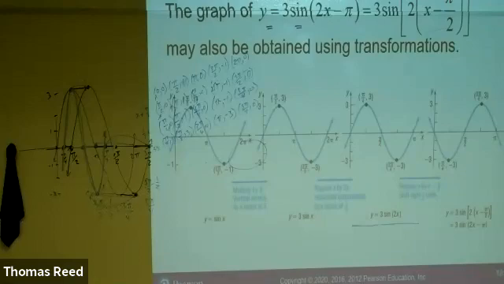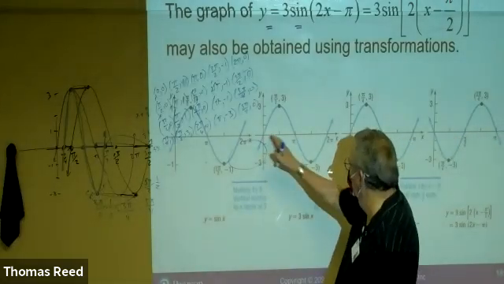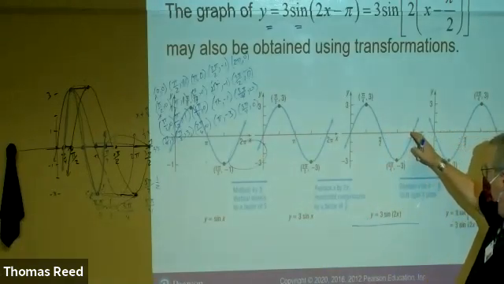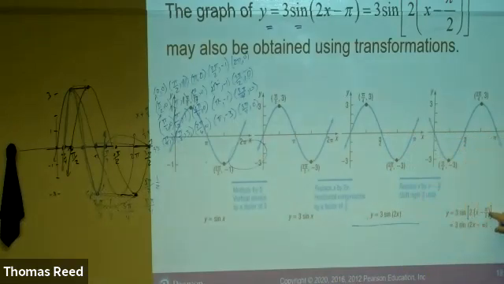Right, this was the compression. So it went from here to here to here to here. There's the compression. And then they shifted it by half a pi. So what did I do wrong? What would I do different?